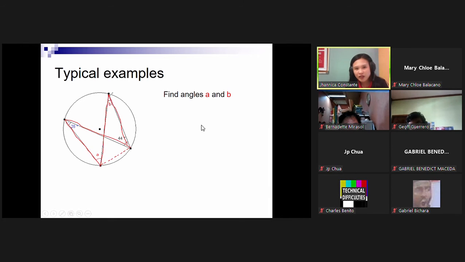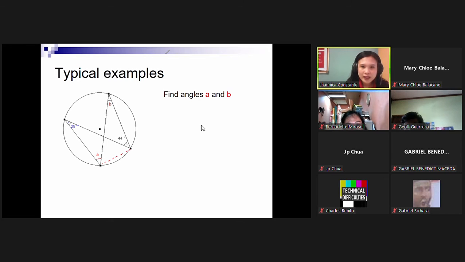Are they sharing the same chord? Let me draw it properly. This is the chord, for example.